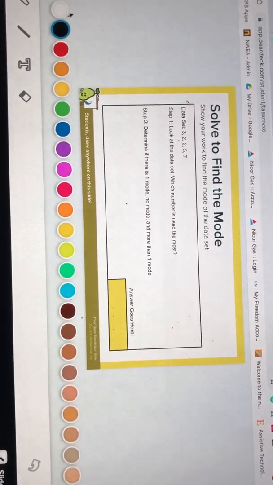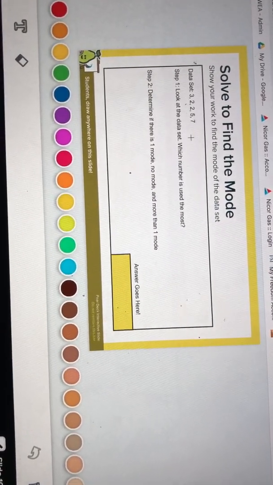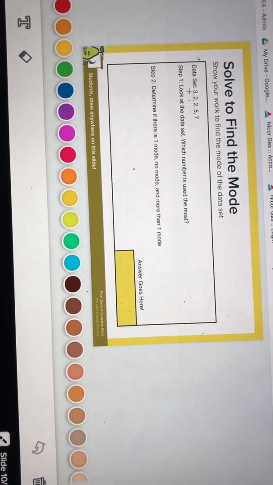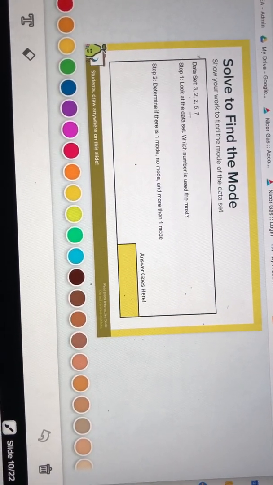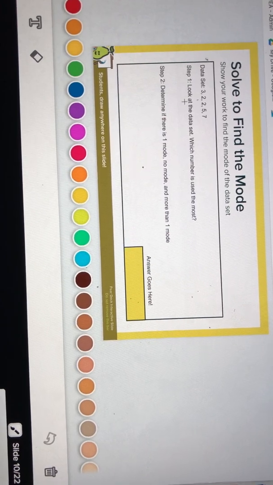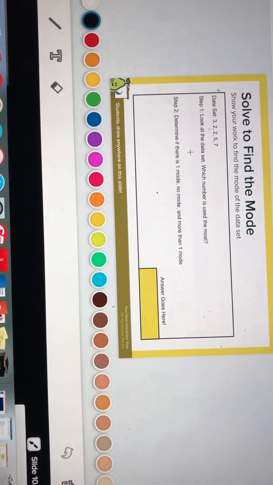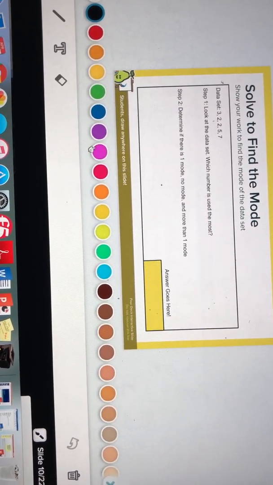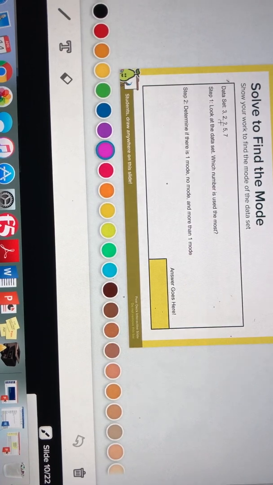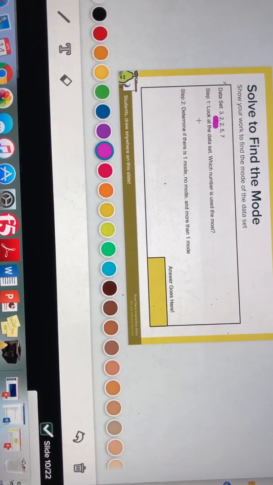Let's look at some examples. Solve to find the mode. Show your work to find the mode of the data set. Our data set is 3, 2, 2, 5, 7. Step number 1, look at the data set. What number is used the most? We're looking for any numbers that are used more than once. Some of you might see that 2 is used more than once.